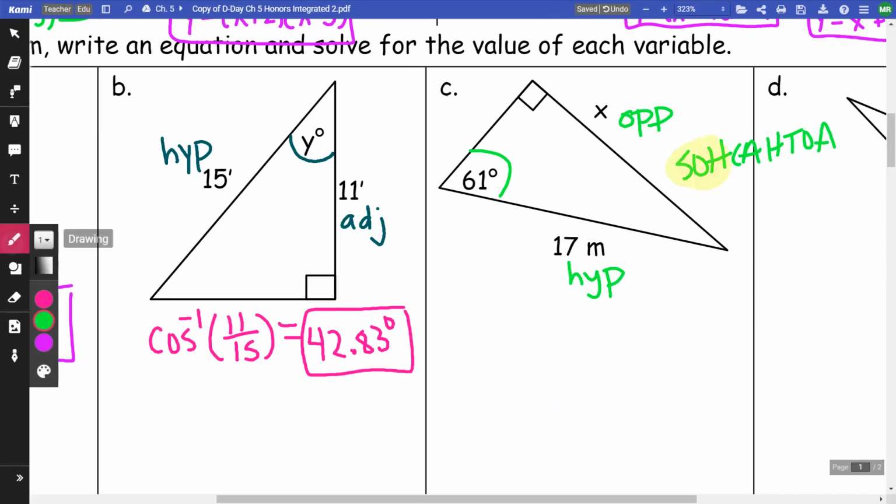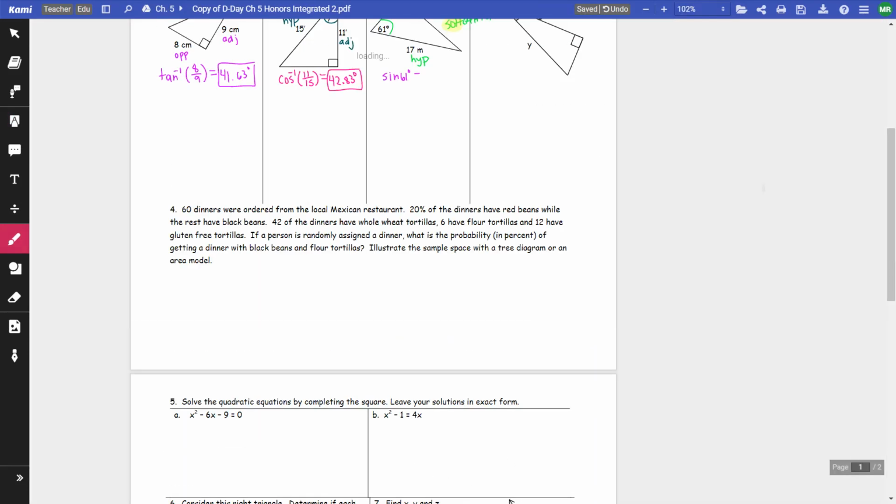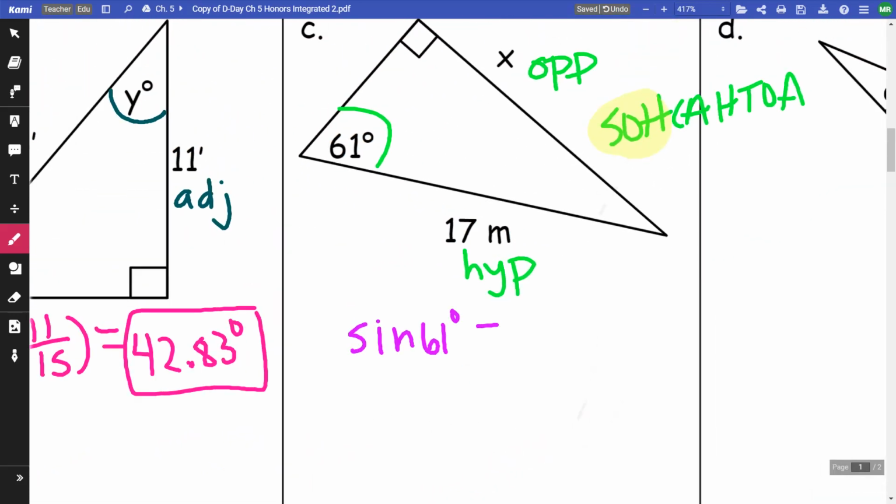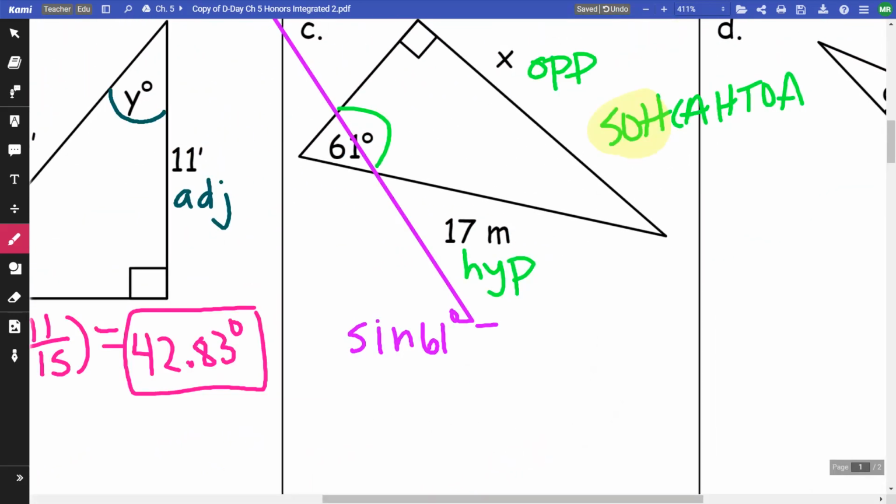I'm going to be doing sine. So I'm going to do sine of 61 degrees is equal to opposite, which is x, over hypotenuse, which is 17.